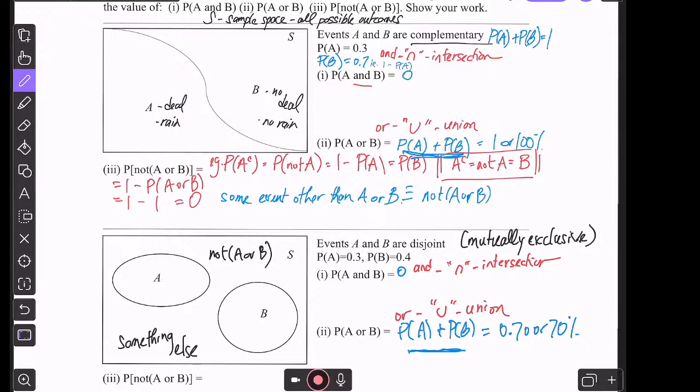So I'm going to make a note that this is just true for disjoint events, that you can just add. The same here.